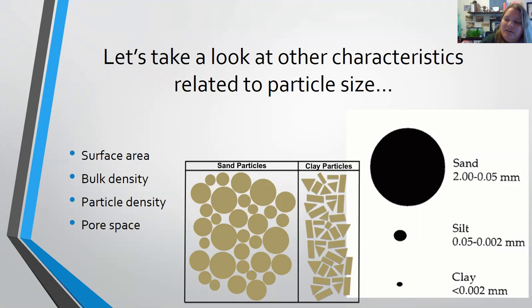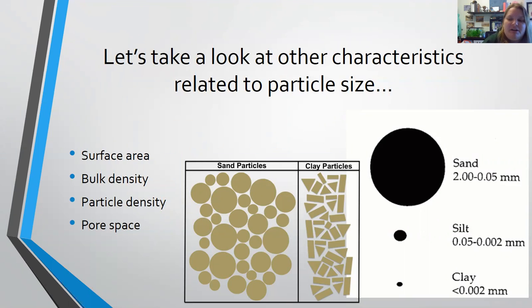So again, a lot of things that we've talked about in the past: sand feels gritty between our fingers, typically visible to our eyes, rounded, might be a little bit angular, but it is the largest particle and it has very low specific surface area, and it doesn't hold on to water or nutrients. Silt is similar to sand in shape and composition, but we can't really see it with our eyes, and it feels smooth and silky like flour.